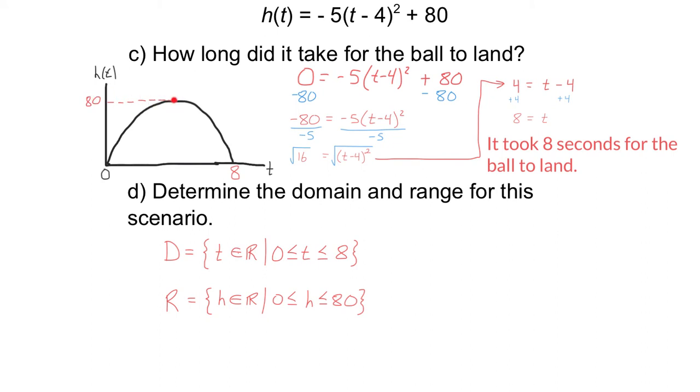You could also figure this out, knowing that the maximum point's going to occur halfway between your two x-intercepts here, so you can plug in a value of 4 for t into the equation. 4 minus 4 is 0, 0 squared is 0, times minus 5 is 0, plus 80, your answer is 80, so your maximum height's 80. All right, all that to say, your range is, well, h is between 0 and 80.